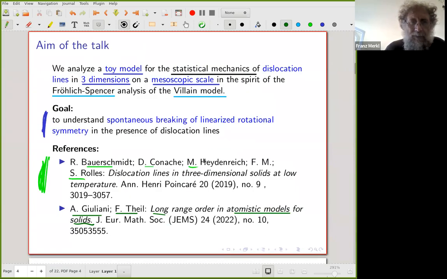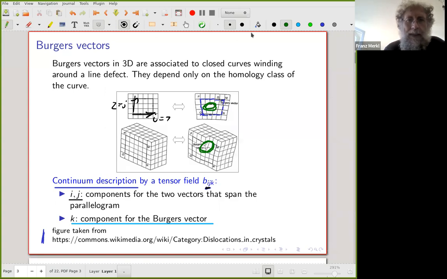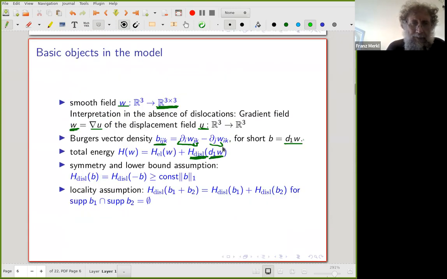But then, let me go back to this picture. As you can see here, even far from the dislocation, our crystal does not consist of standard cubes, but those cubes are a little bit perturbed. You see these lines here are not straight lines. It's a little bit distorted. And for that, away from the dislocation lines, we use linear elasticity.